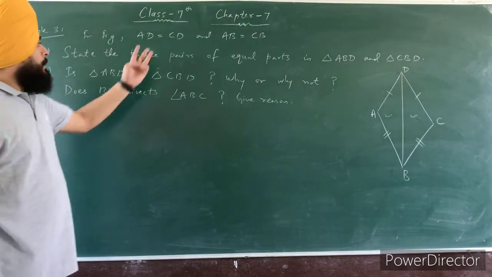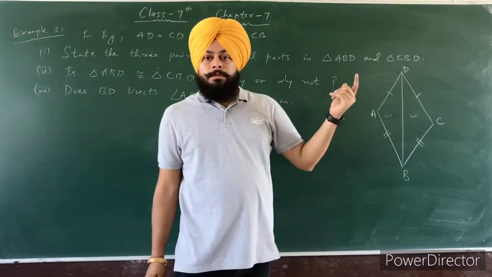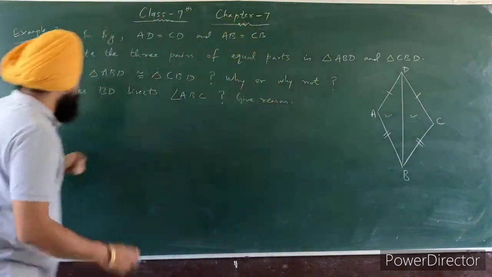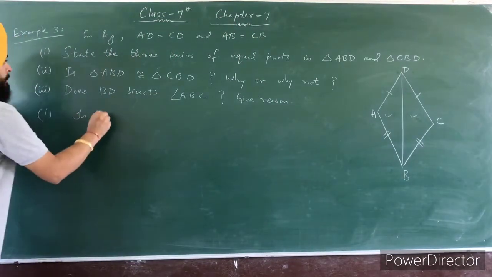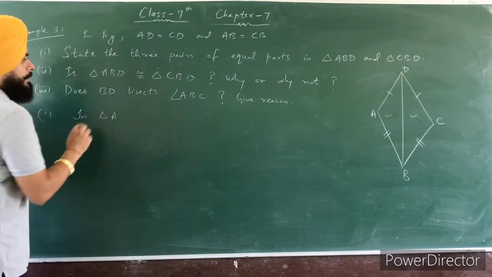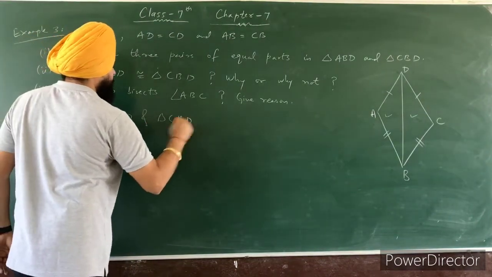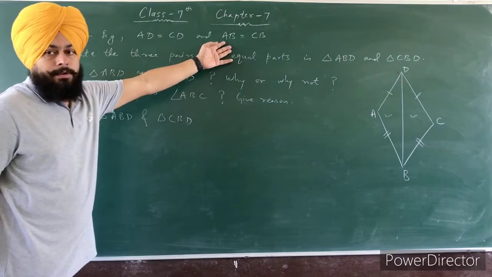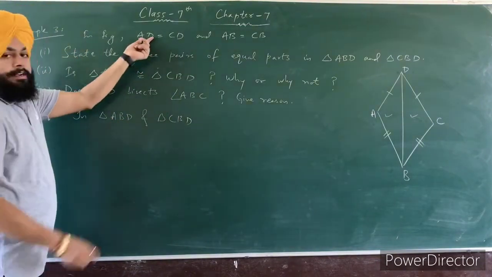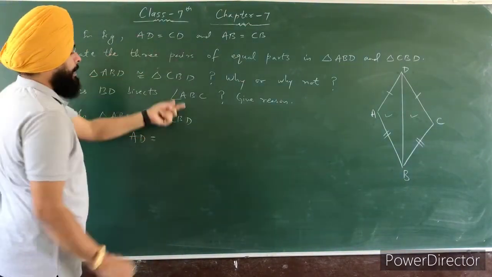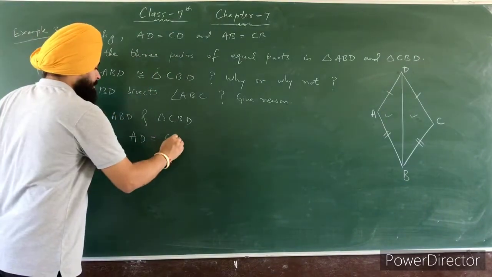So clearly two parts are already given. So which is the third part? So just write in triangle ABD and triangle CBD, the first two parts are already given. So in this triangle ABD side AD, in triangle CBD side CD.